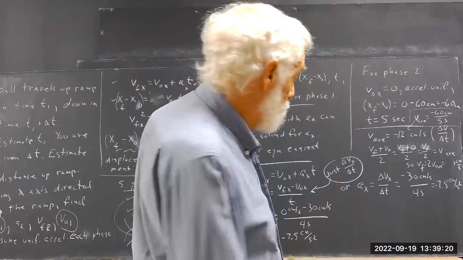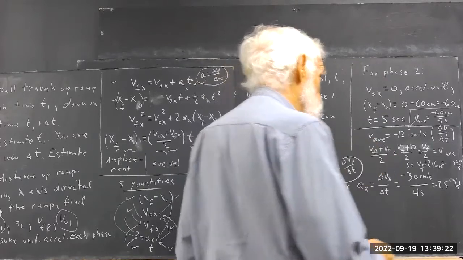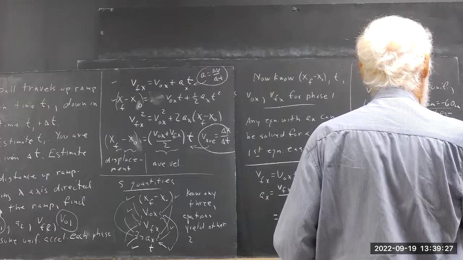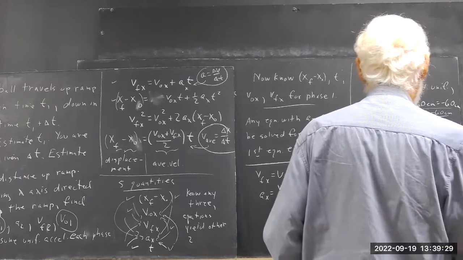Negative 60 centimeters over 5 seconds, you get negative 12 centimeters per second. And you get negative 24 centimeters per second.